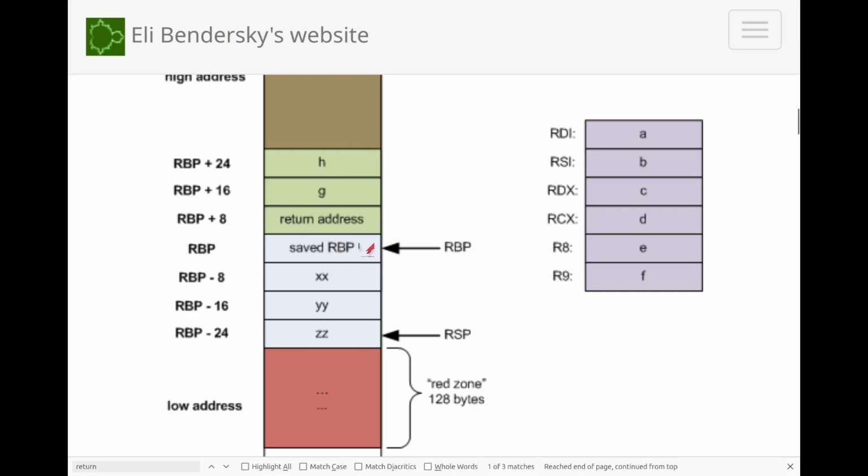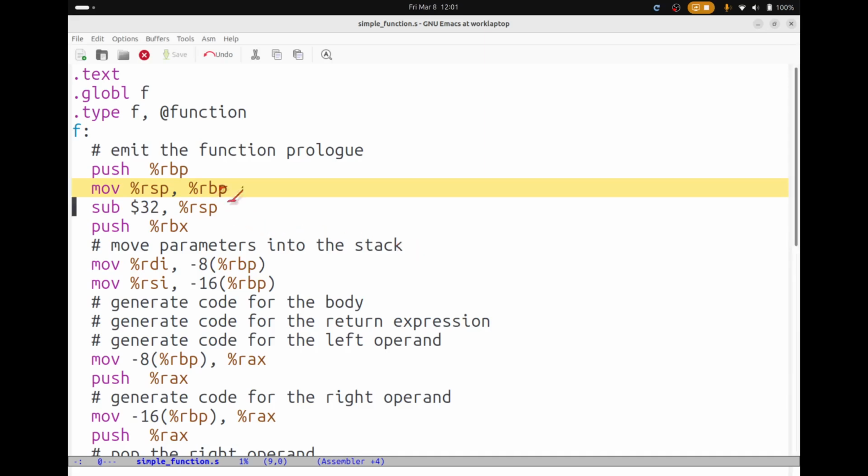After we push the old base pointer, by convention, that's the address of our new base pointer. And so we just update the base pointer by moving whatever address is in the current stack pointer into the RBP register. Kind of makes sense? So this is just implementing the convention here.